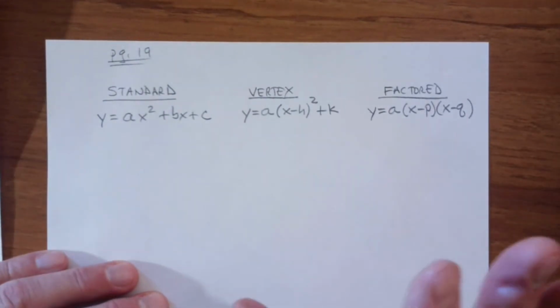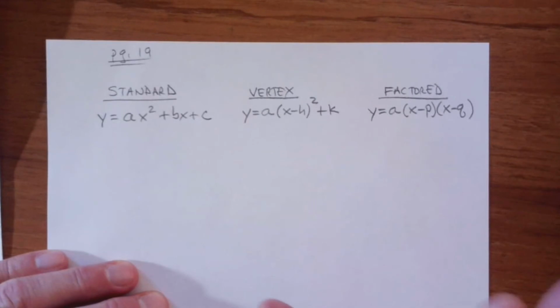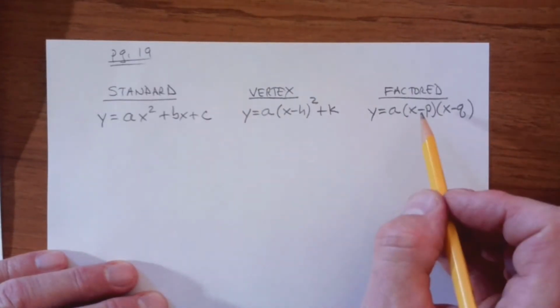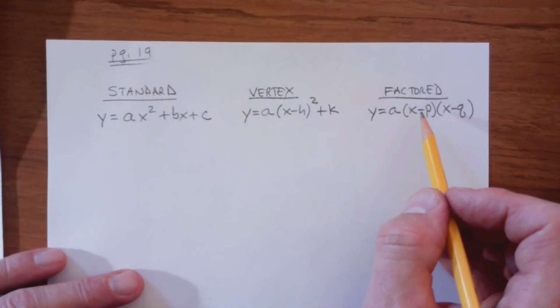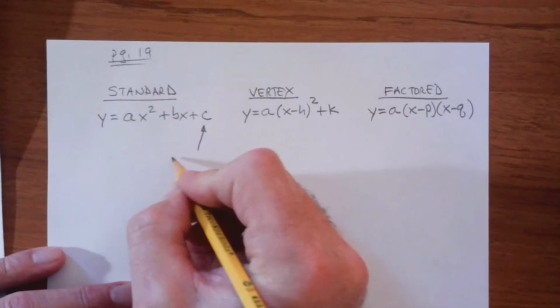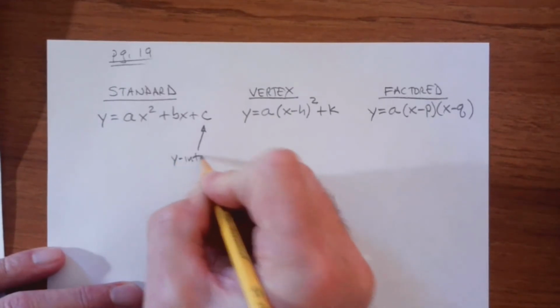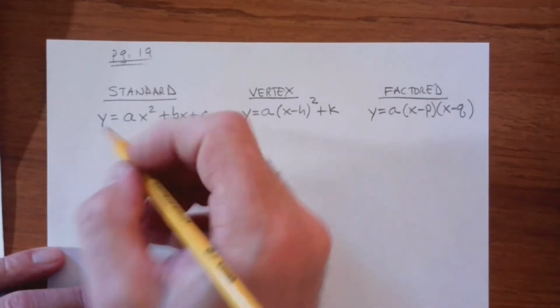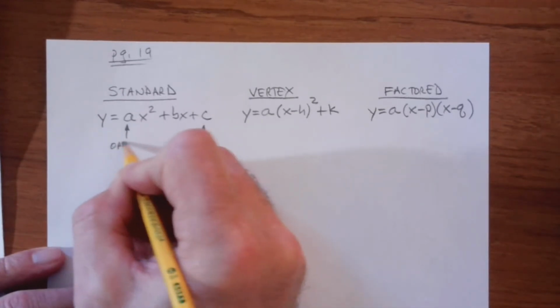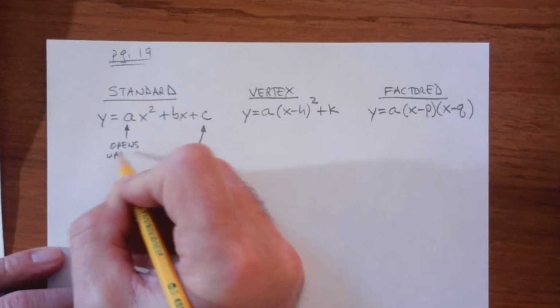Okay, so again, you don't need to write this down. I just want you to follow along. Each of these forms gives us different information. For example, this is the y-intercept, and this tells us whether it opens up or down.